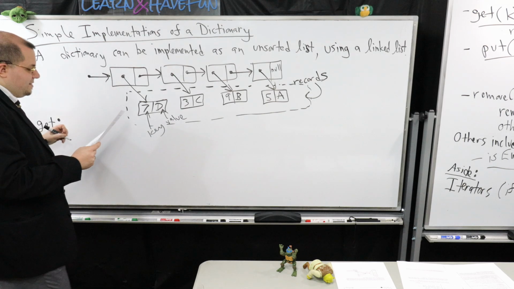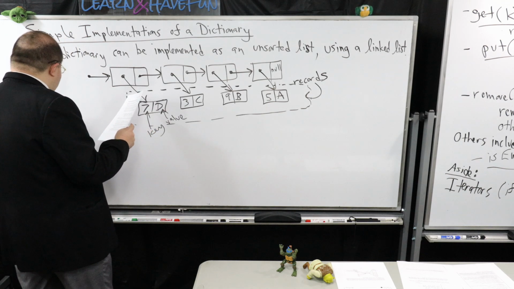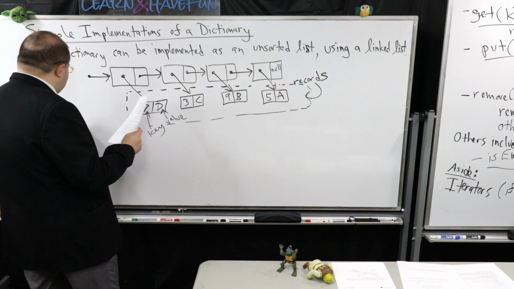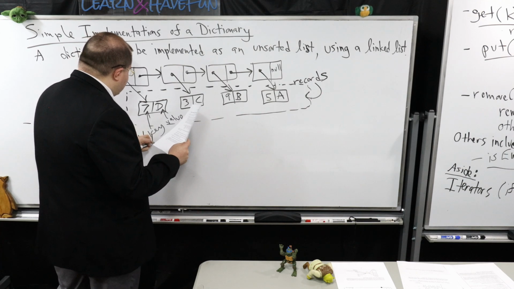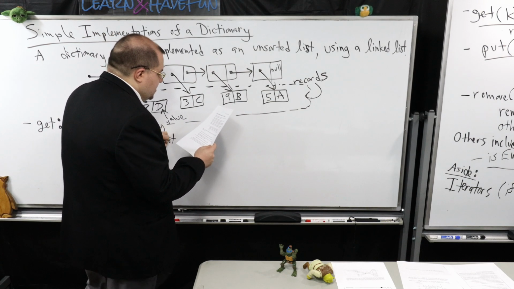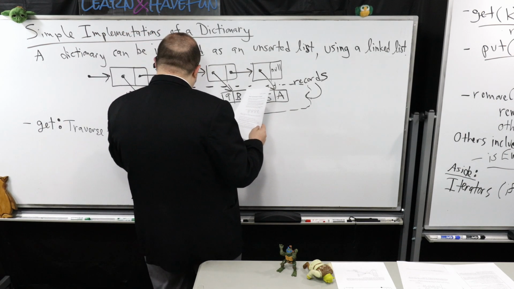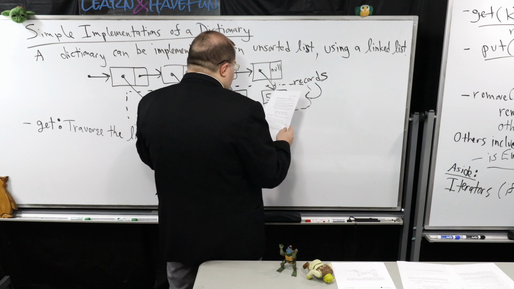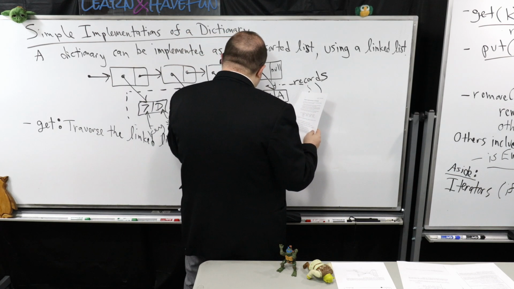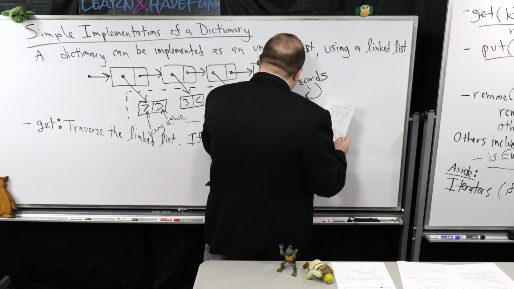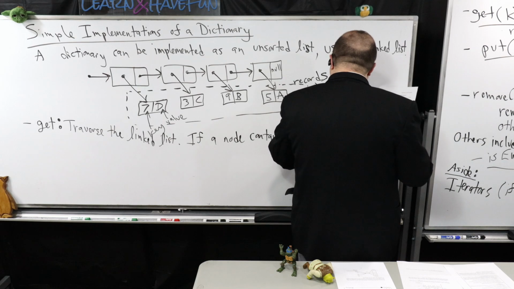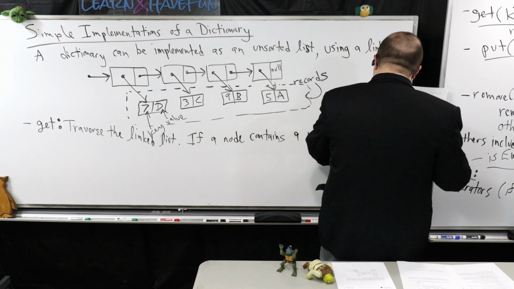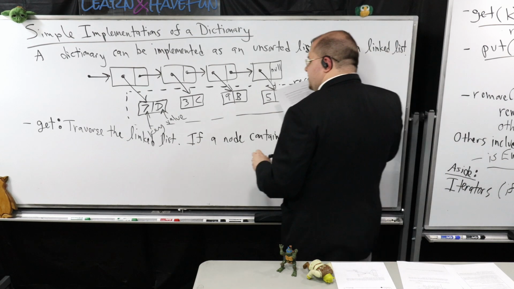So that's pretty easy peasy stuff. You just traverse the linked list. If a node contains a record with key K, return its value, right?